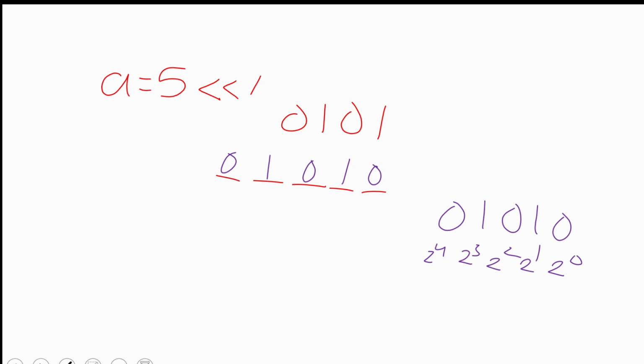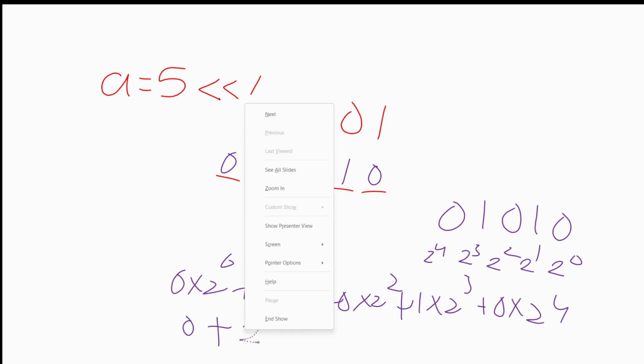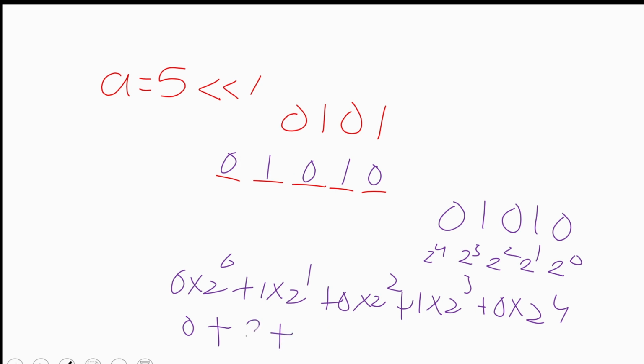So you will get 0 into 2 to the power 0, 1 into 2 to the power 1, 0 into 2 to the power 2, 1 into 2 to the power 3, plus 0 into 2 to the power 4. 0 multiplied with anything will be 0, 1 into 2 to the power 1 will be 2, 1 into 2 cube will be 8. So 2 plus 8, you will get 10. So 5 left shift by 1 means you will get the output as 10.